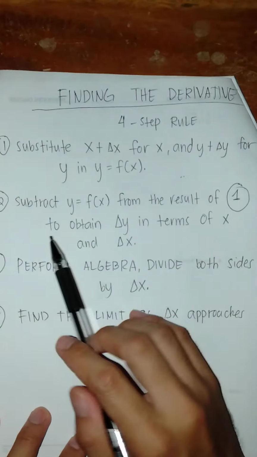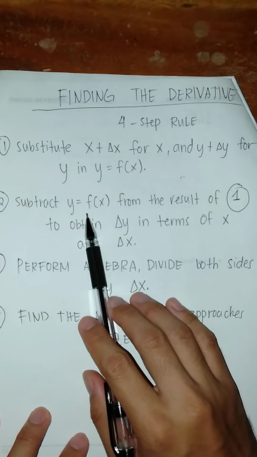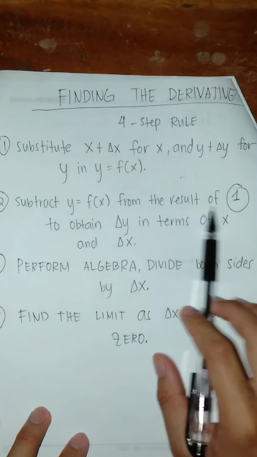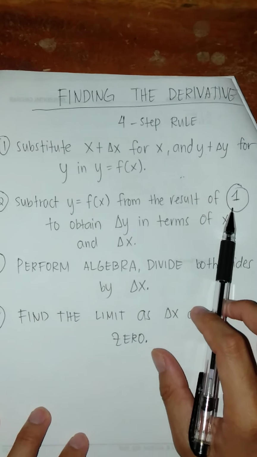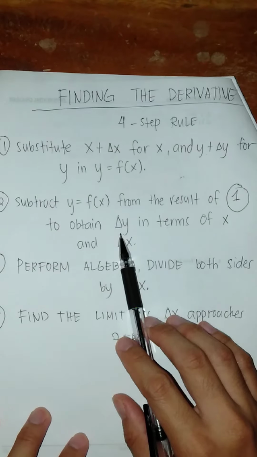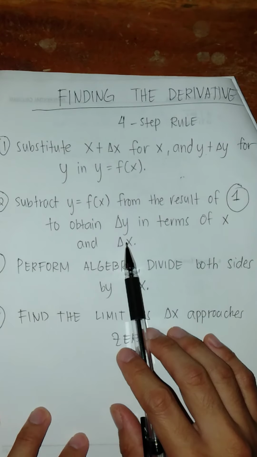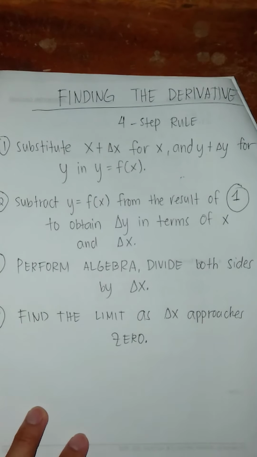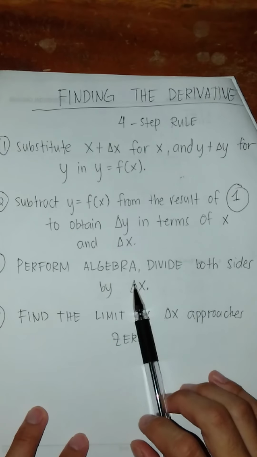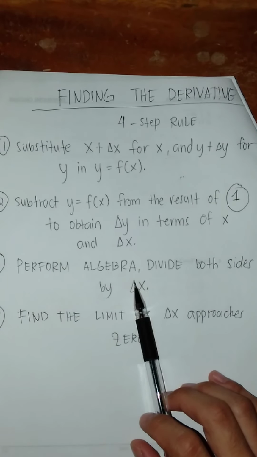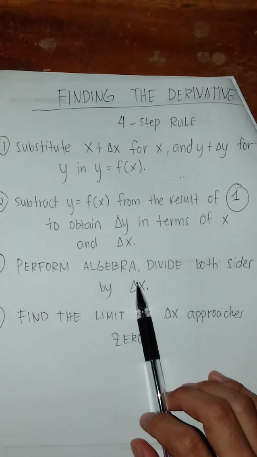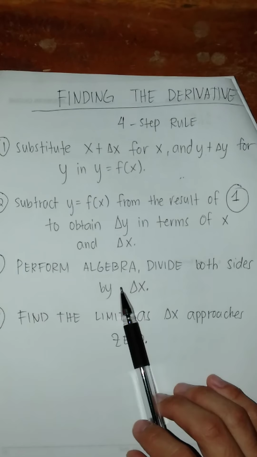Number 2, subtract y equals function of x from the result of step 1 to obtain delta y in terms of x and delta x. Then number 3, perform algebra. As I said, you need a strong background in algebra.